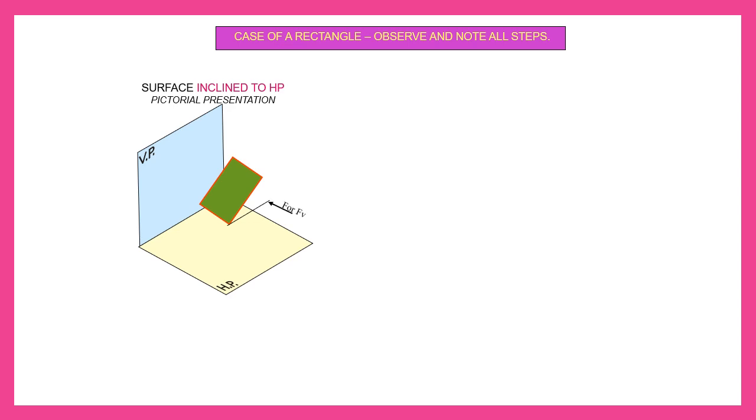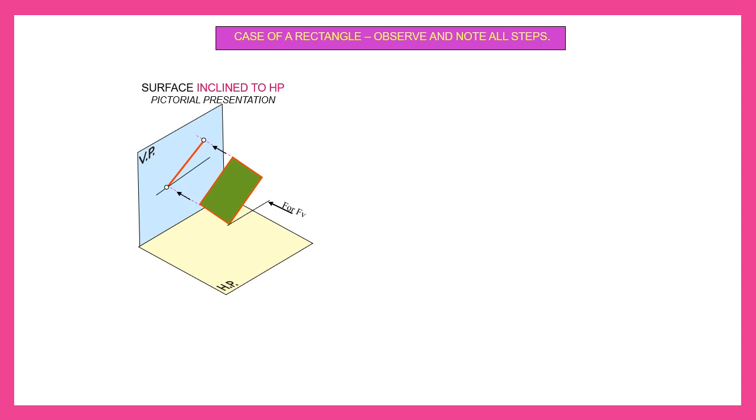And then now the inclined case, the surface inclined to HP and perpendicular to VP. This is the rectangular surface again. This surface is inclined to HP. We can see a line which is parallel to HP. Since it is perpendicular to VP, in the front view you can see a line, and since it is inclined to HP, the inclination can be seen in the front view.